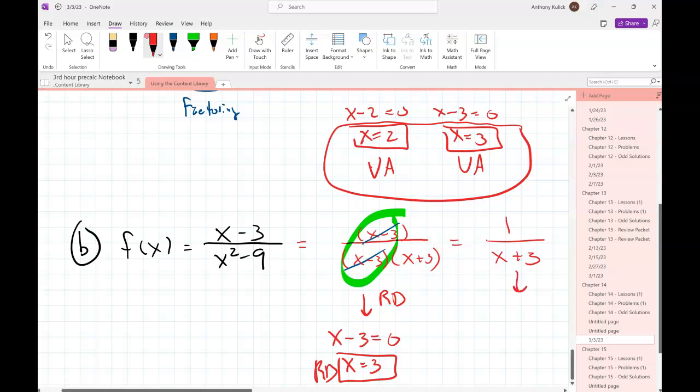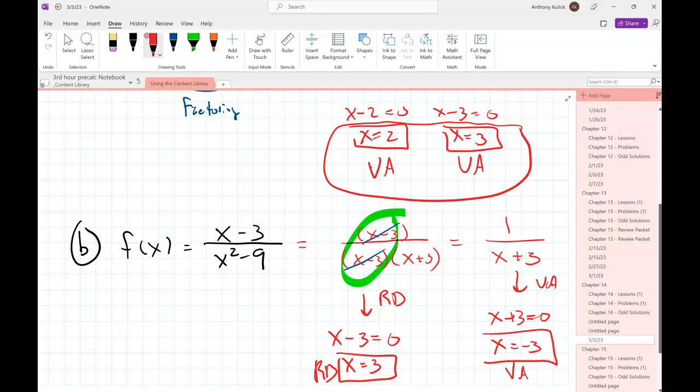This piece that's remaining is going to give me a vertical asymptote. Is everybody okay with that? So far, so good?